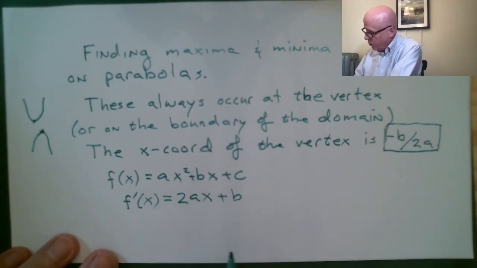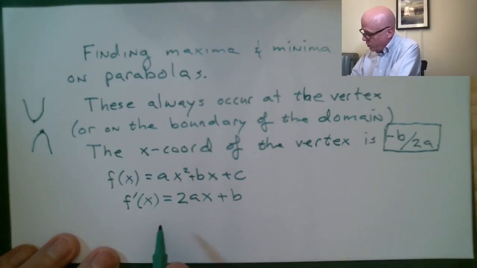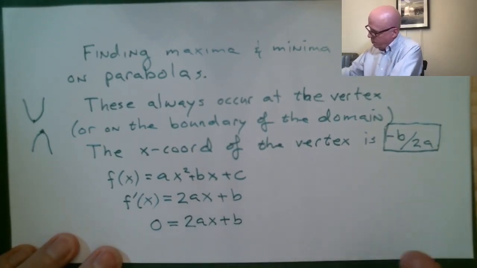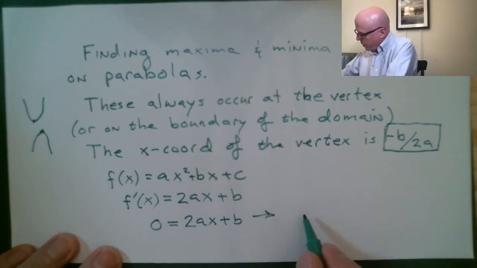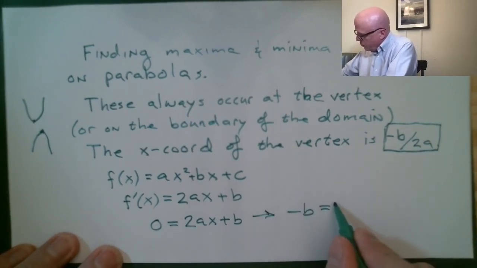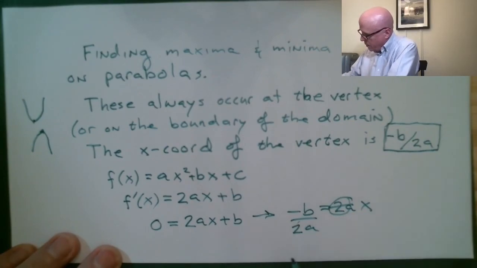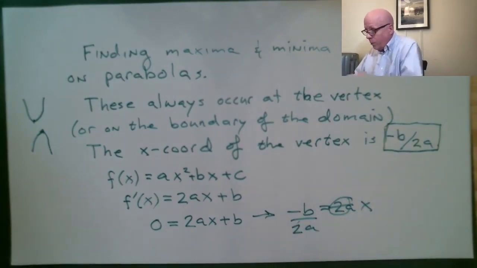Any x value at all, you could plug into that formula and you get some kind of number out. So no issues with undefinedness, but where is it 0? 0 equals 2ax plus b. How about we move b to the other side? That'll be negative b equals 2ax. And then finally, divide both sides by 2a. That's really why the first part of the quadratic formula is negative b over 2a.